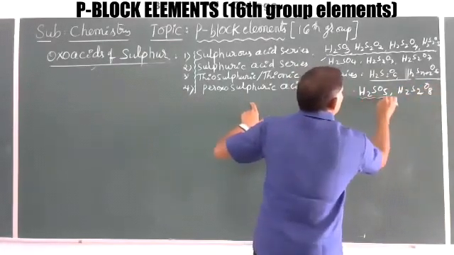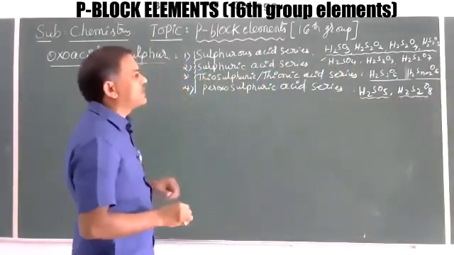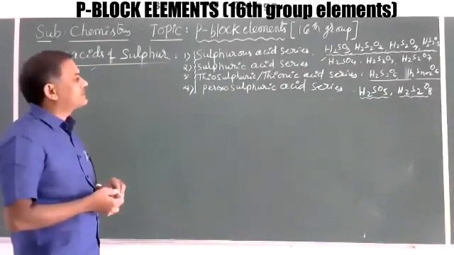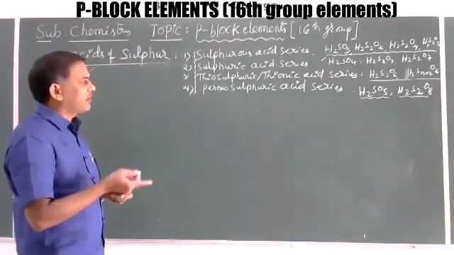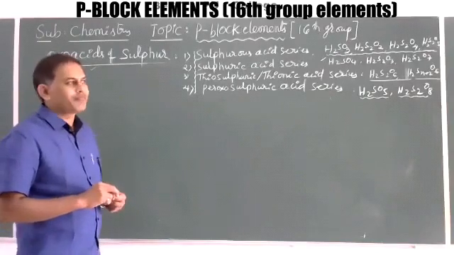These are some important examples for the different series of oxoacids of sulfur: sulfurous acid series, sulfuric acid series, thiosulfuric or thionic acid series, and peroxosulfuric acid series.